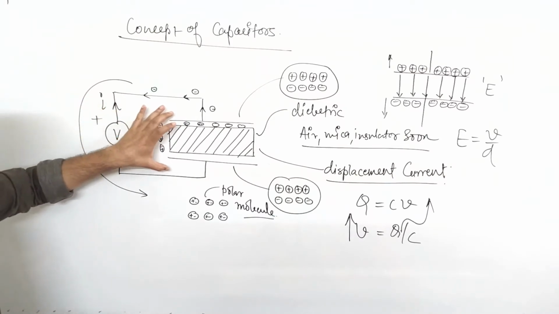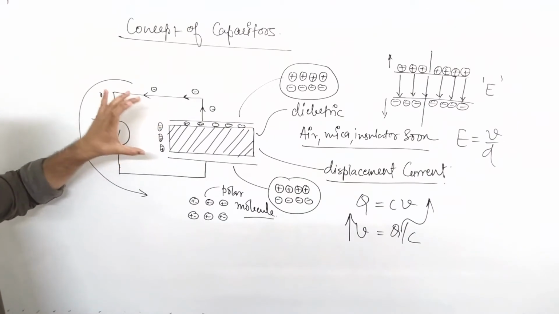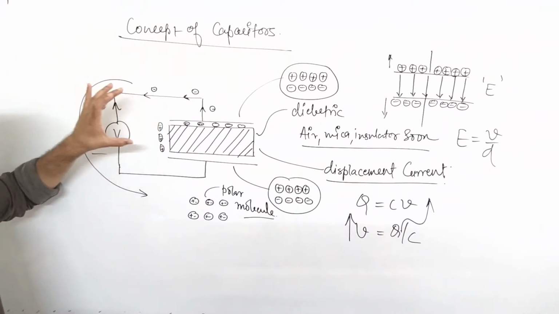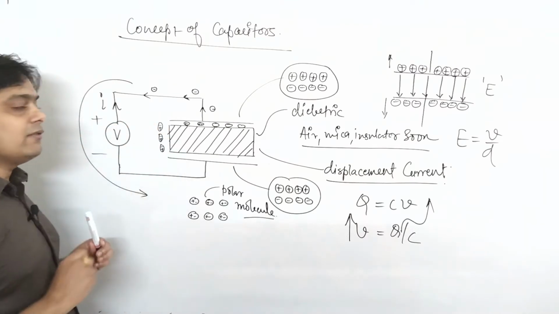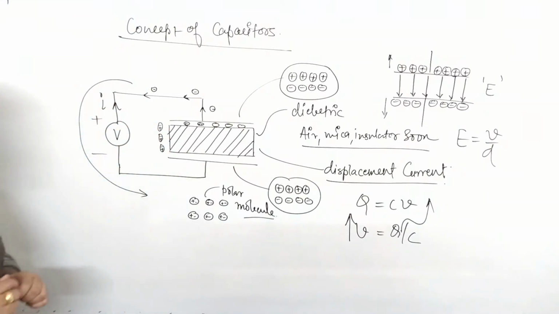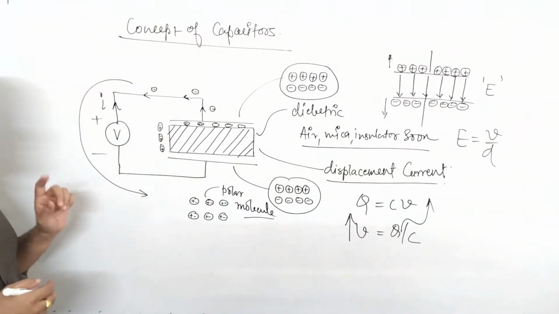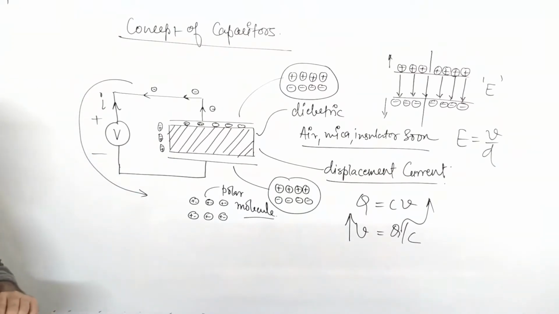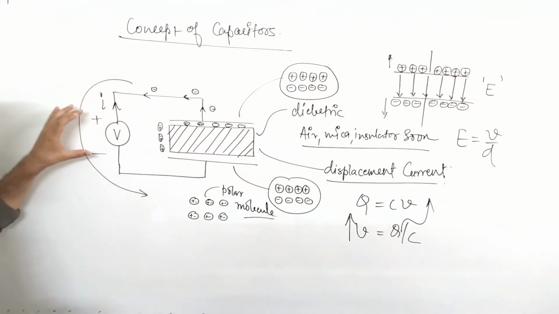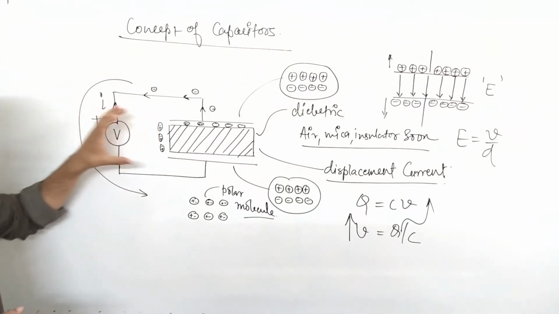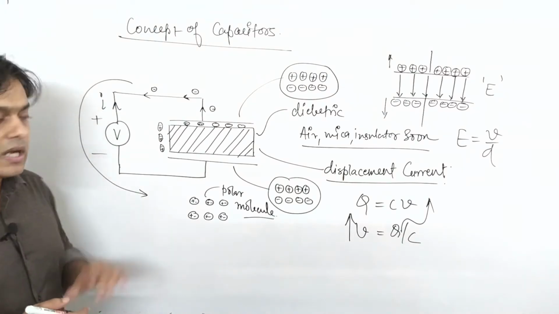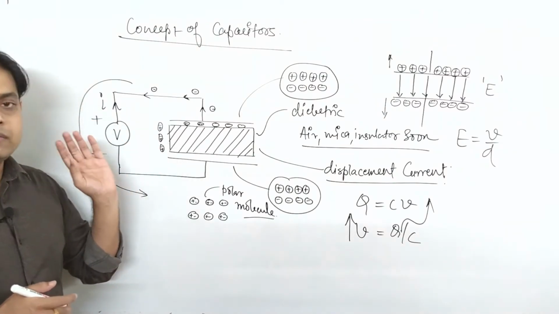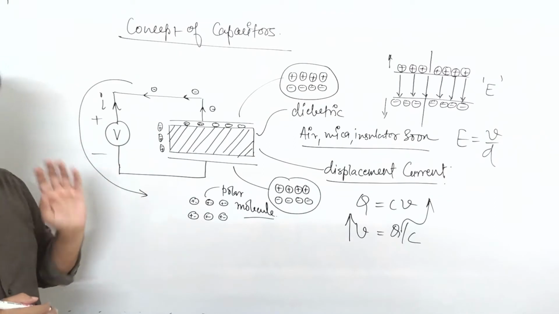Every capacitor has some breakdown voltage. You cannot increase the voltage above that breakdown voltage, otherwise the capacitor will get destroyed and it does not work.